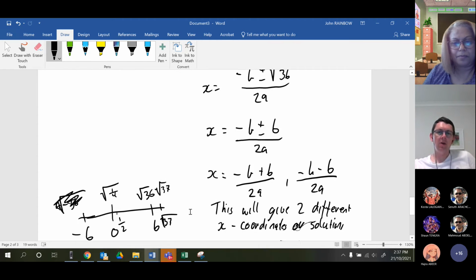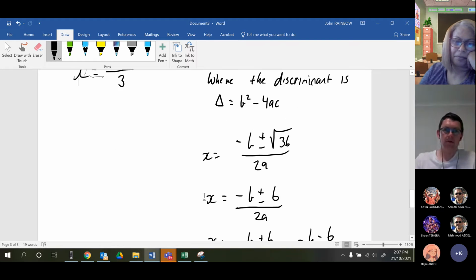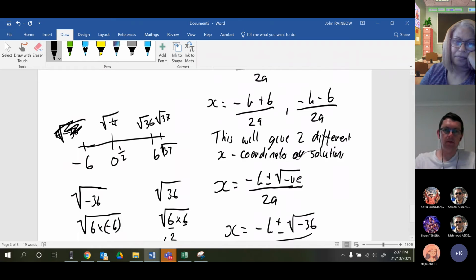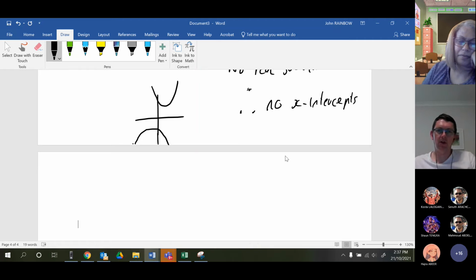Okay, so my question to you then is, we've looked at two situations. Let's look at the next one. What other values? Have we got everything? So we've done negative b plus or minus the square root of positive numbers on 2a.